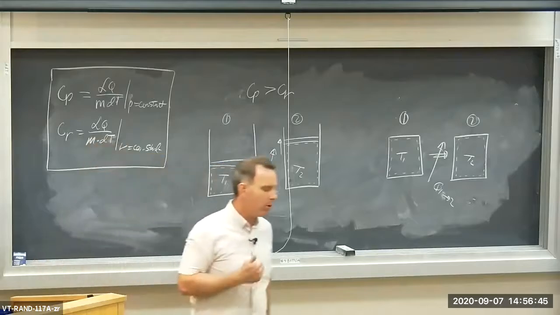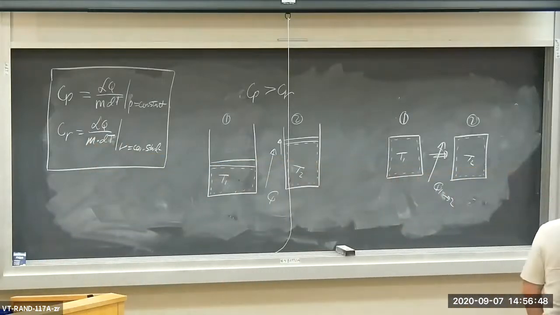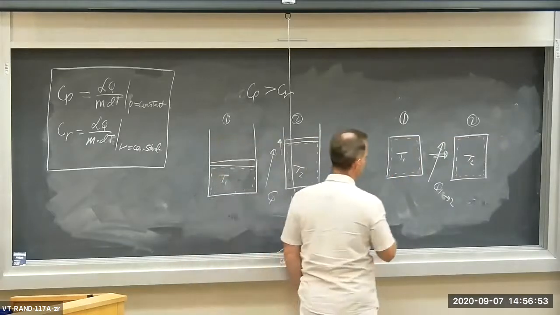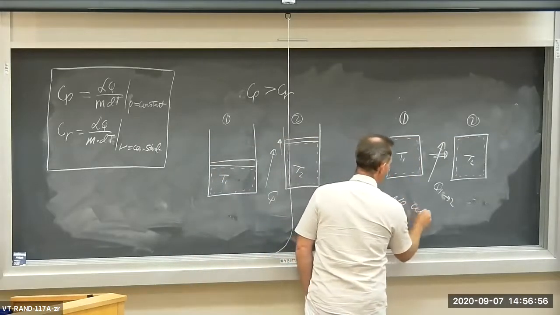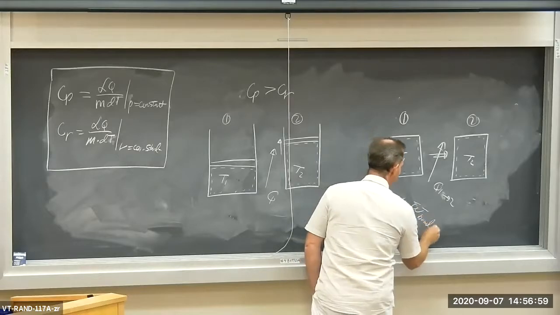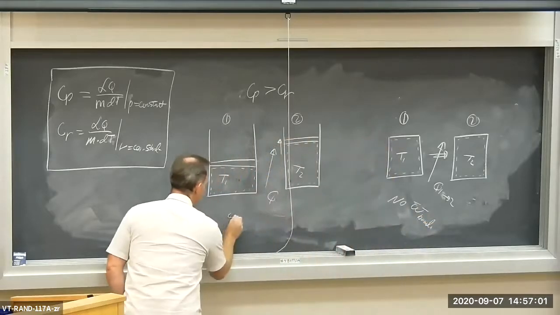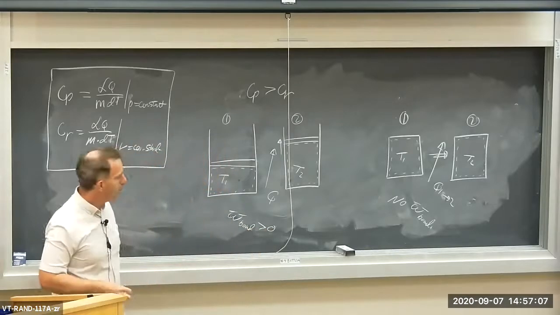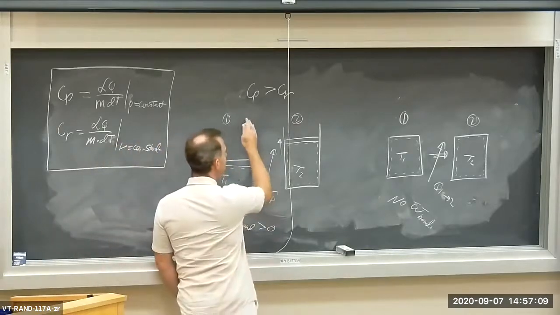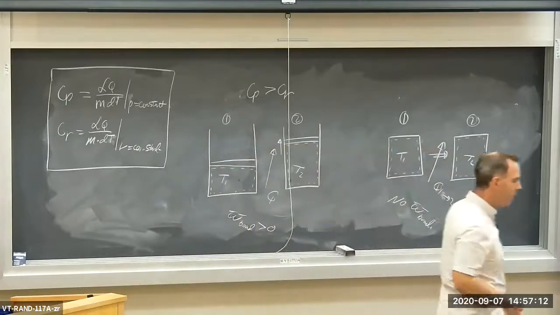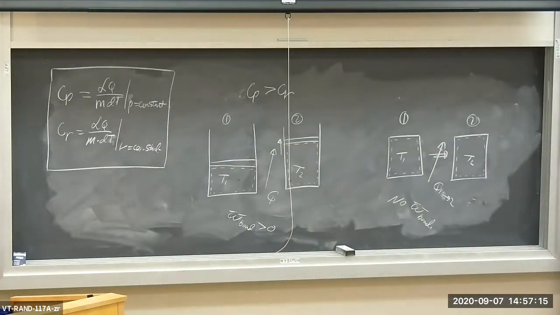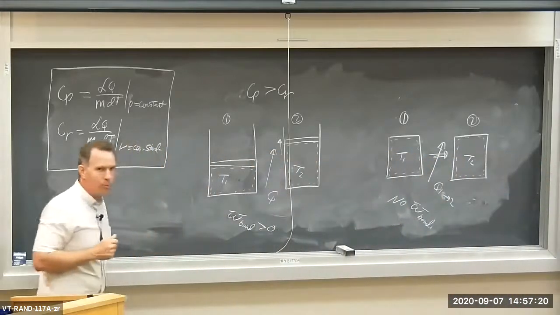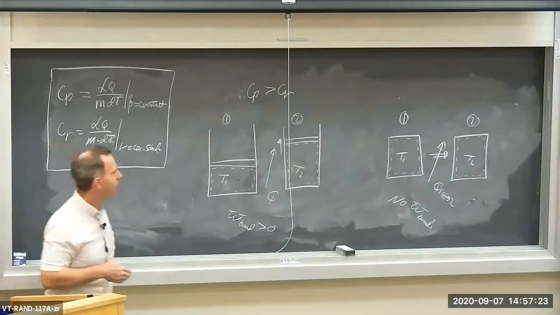We're doing boundary work for the isobaric process, whereas the isochoric process has no boundary work, and in this case, boundary work is greater than 0. So that implies that Cp, the amount of heat to raise the temperature of the material by 1 degree, is greater for a constant pressure process than for a constant volume process.